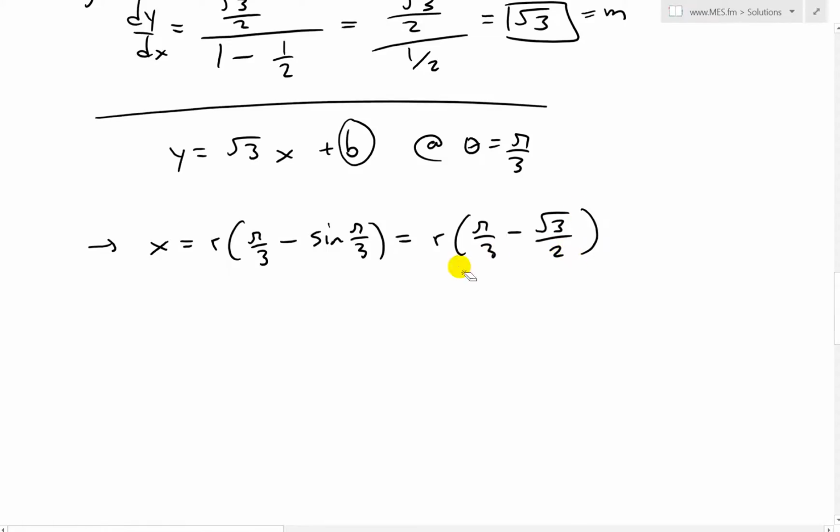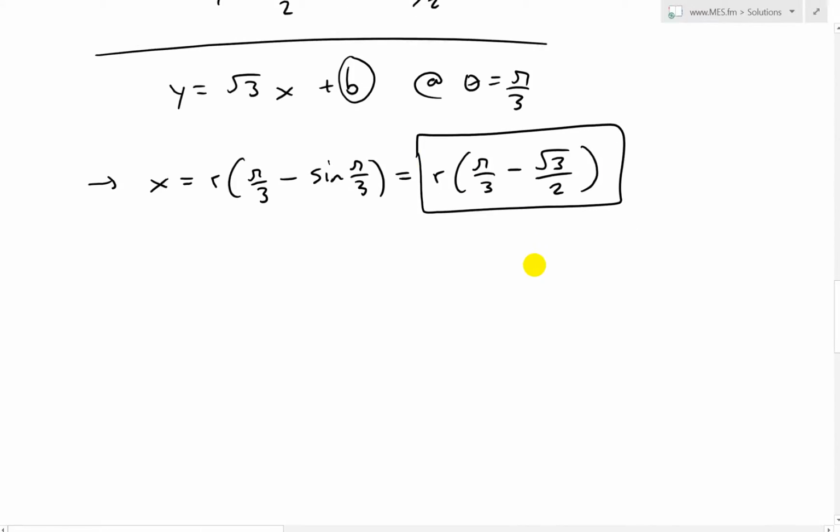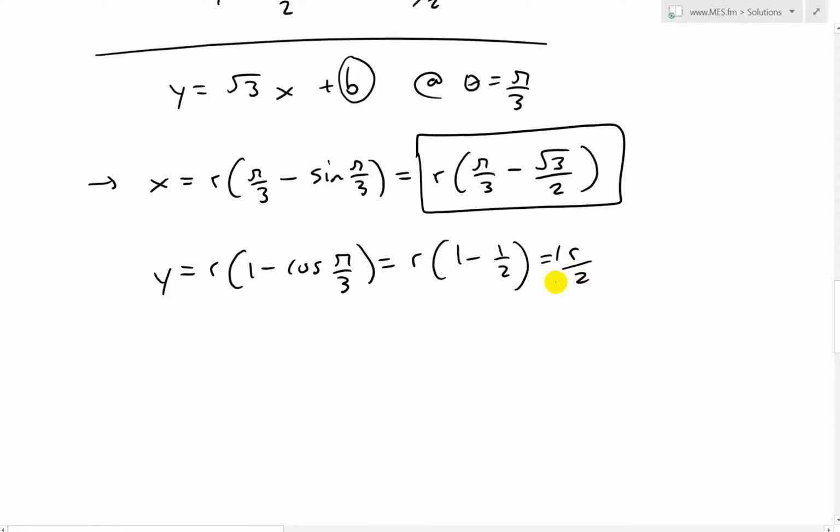And there is our x coordinate at this point. And then over here y is equal to r times 1 minus cosine pi over 3, which equals r times 1 minus 1 over 2. That becomes 1 minus 1/2, which is 1/2, so y is r over 2.